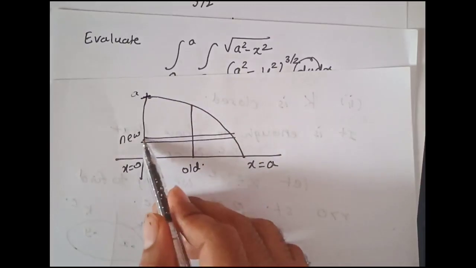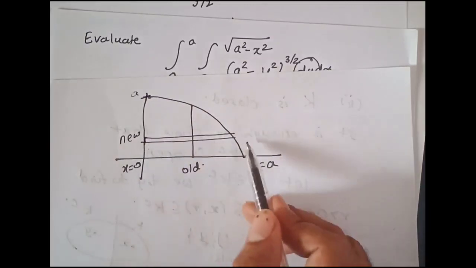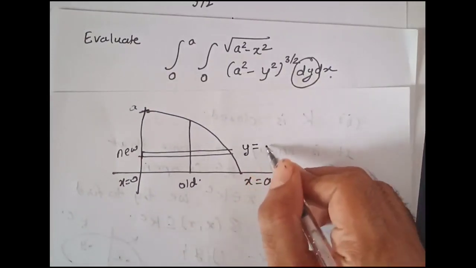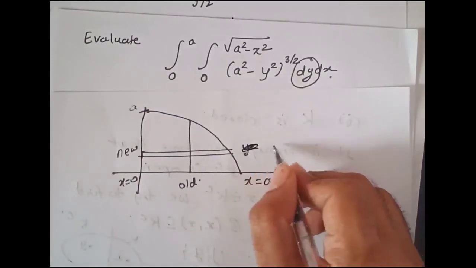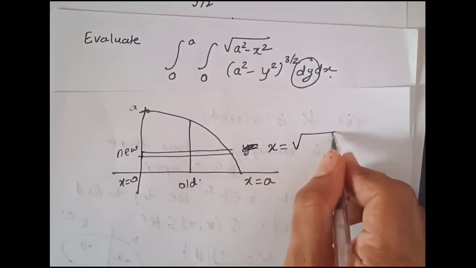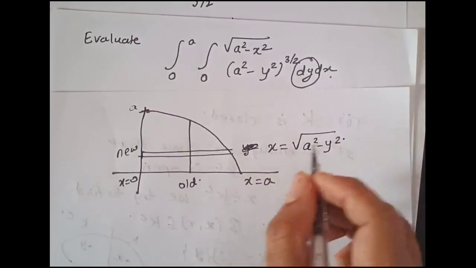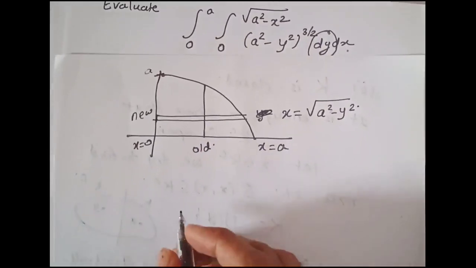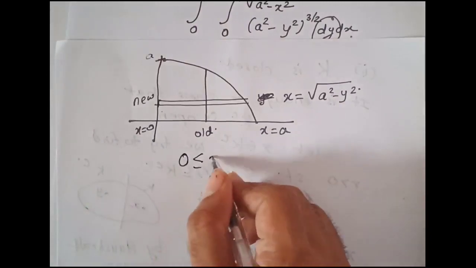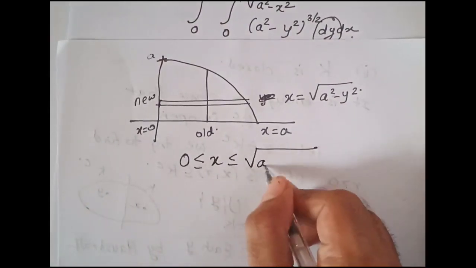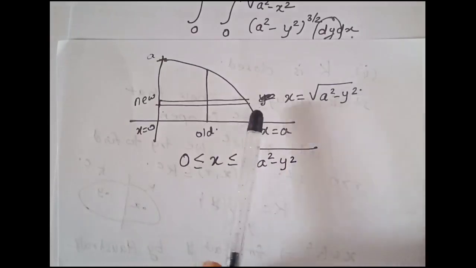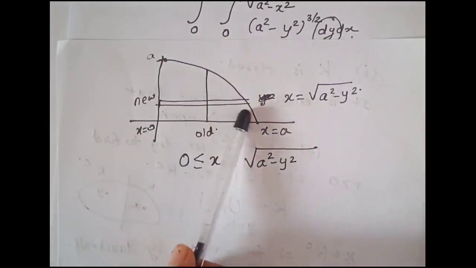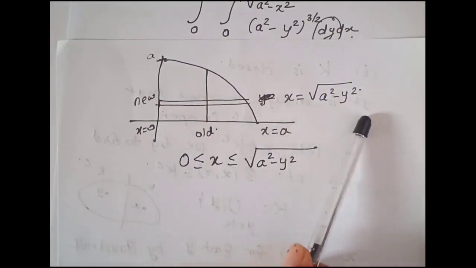If we see, the lower end of the strip is on the line x is equal to 0, and the upper end is on x is equal to square root a square minus y square, because all x are positive, so we will take the positive square root. Alright, so our limit is 0 less than x less than or equal to square root a square minus y square, because the lower end of the strip is on the line x is equal to 0, and the upper end of the strip is on the curve x is equal to square root a square minus y square.